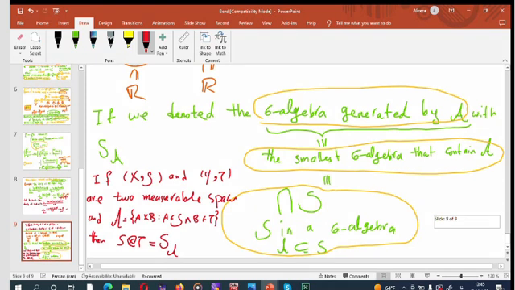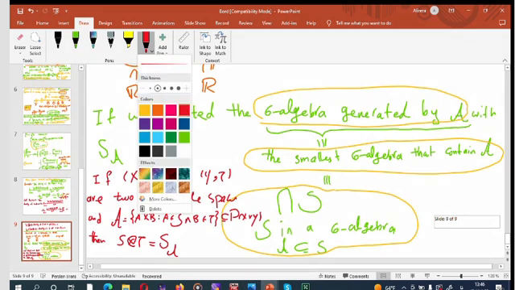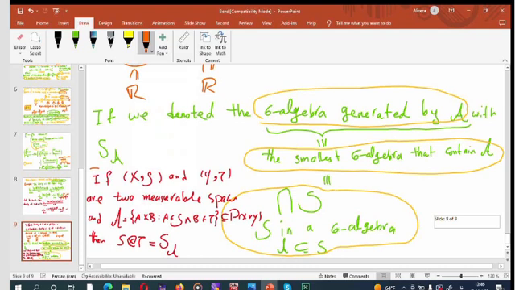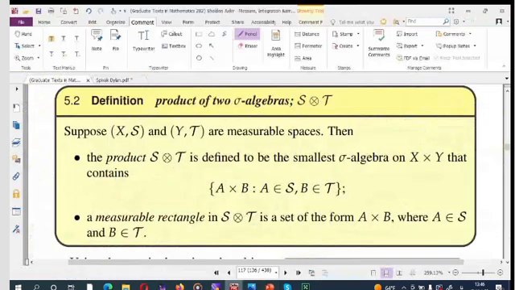This is a subset of the power set of X times Y. So we can consider it as the definition of the product of two sigma algebras: the smallest sigma algebra that contains these measurable rectangles. All of these are measurable rectangles.